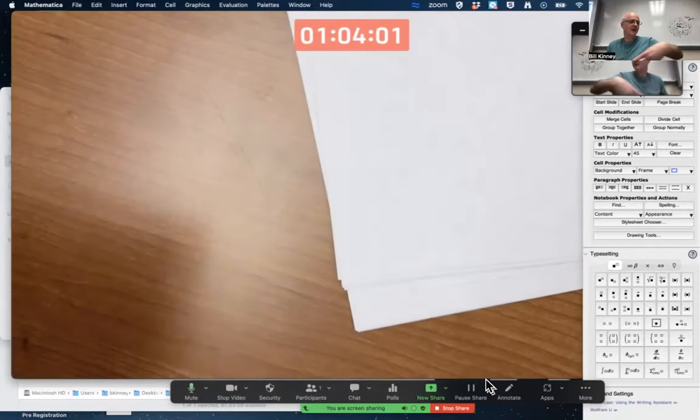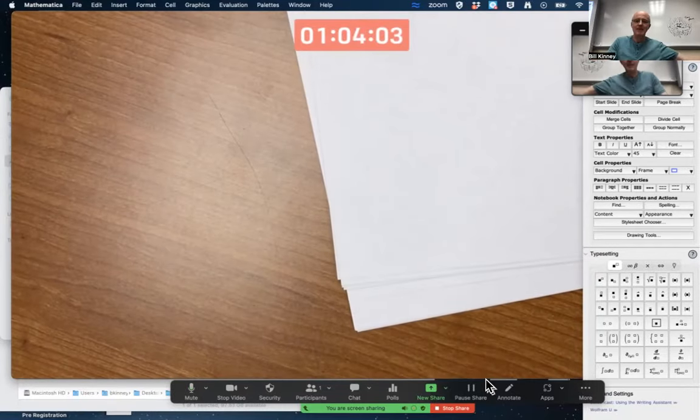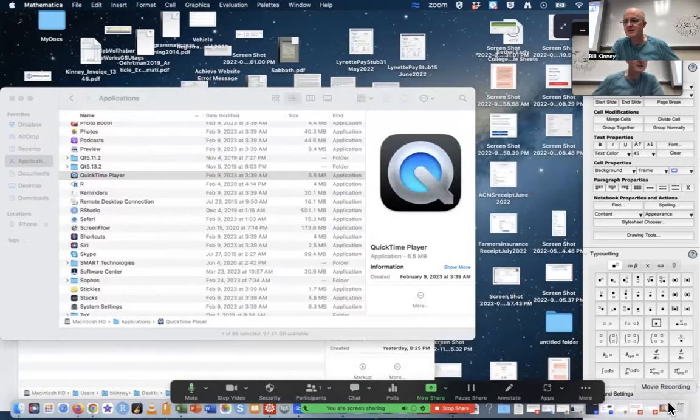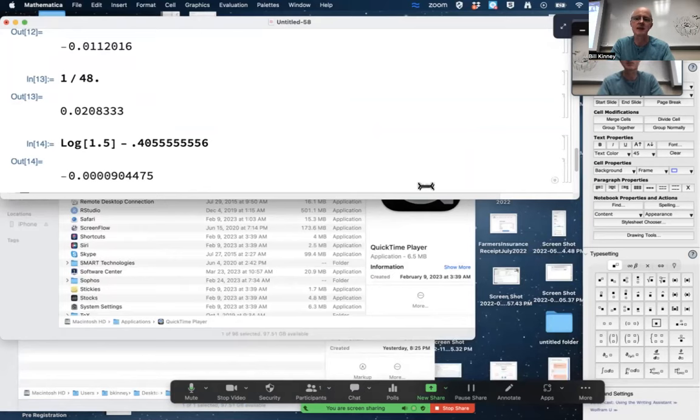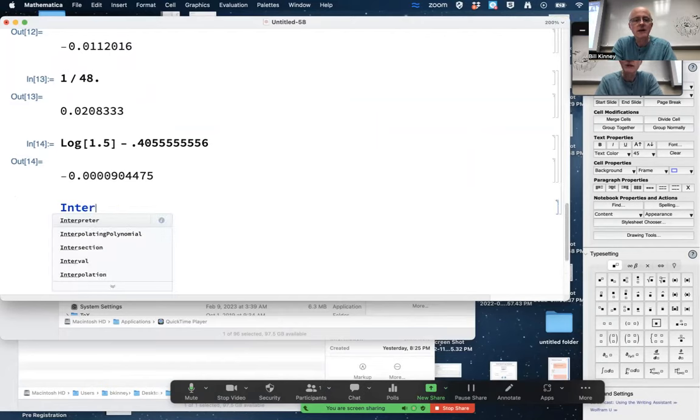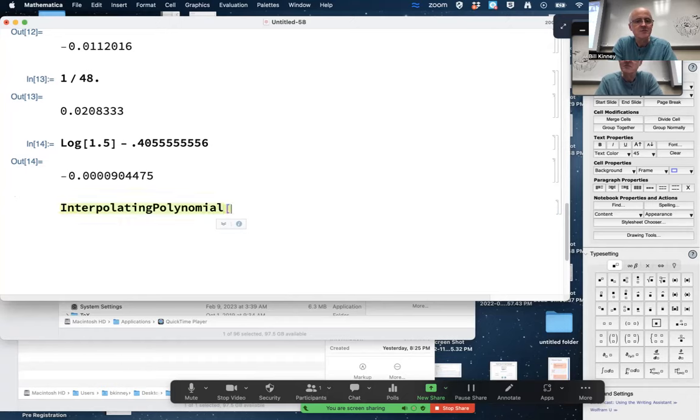So to finish off class, what I'd like to do is use Mathematica a little bit and see if we can verify that formula. If you try to do this by hand, it's not so pleasant. Effectively, we're integrating the Lagrange interpolating polynomial with 3 nodes.